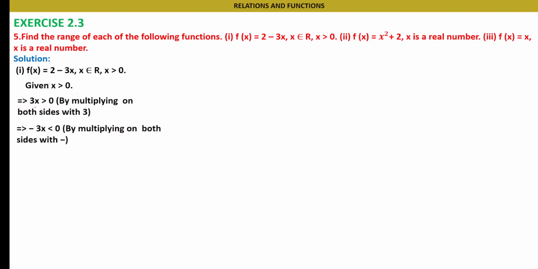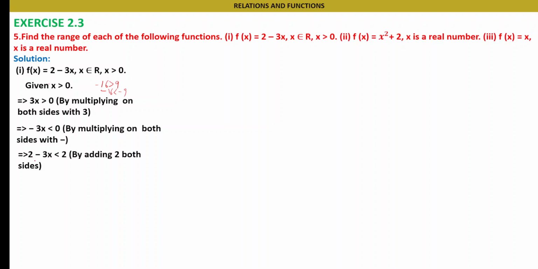Again, when we multiply with minus, the sign changes. For example, if we take 16 is greater than 9, when we multiply with minus, then minus 16 will be less than minus 9. Therefore, upon multiplying with minus, the sign always changes. So, minus 3x will be less than 0.